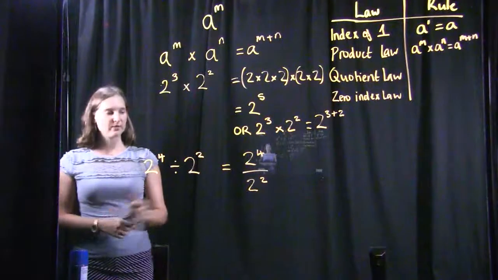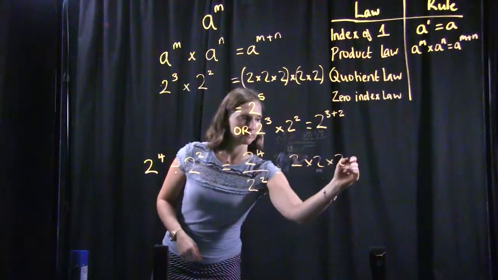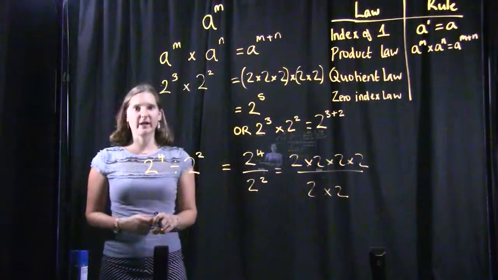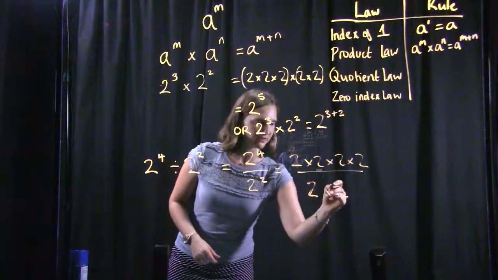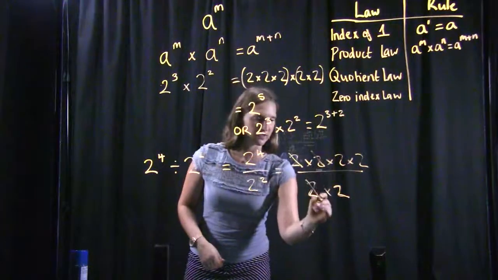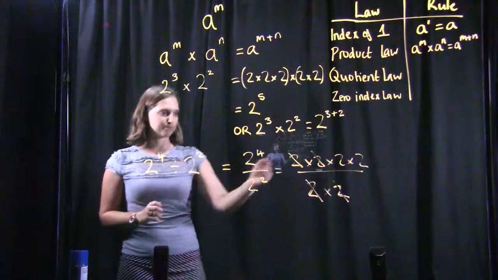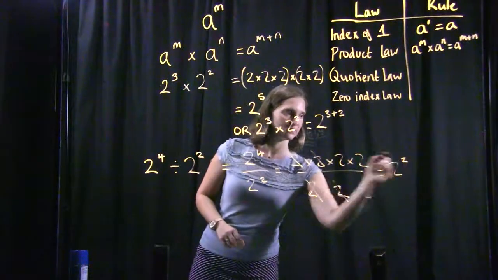So in our example here, we've got 2 to the power 4 over our 2 to the power 2 there. And we can see now, to work out the difference between these two, or to divide them, we can cancel 2 of our 2's on each side of our figure. So we've got 2 to the power 2 left.